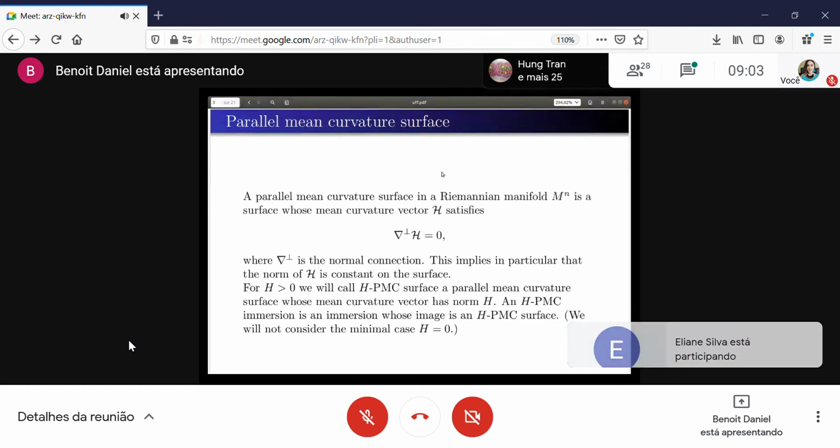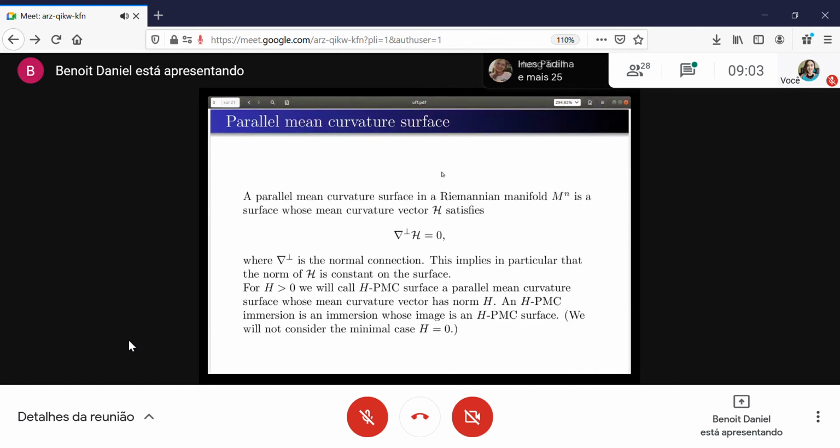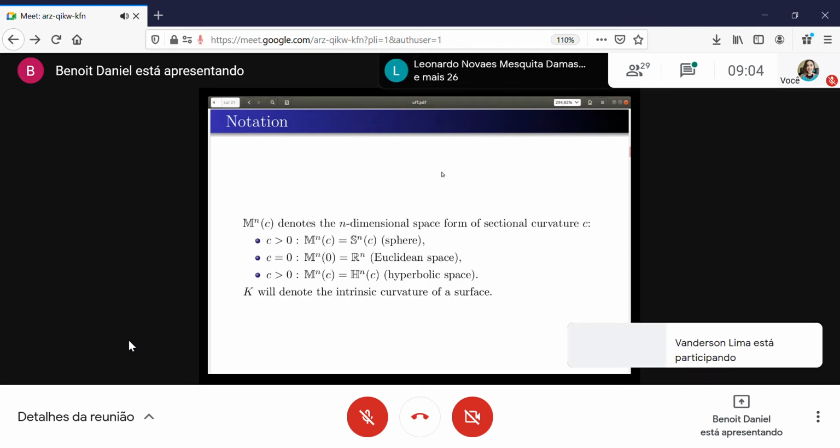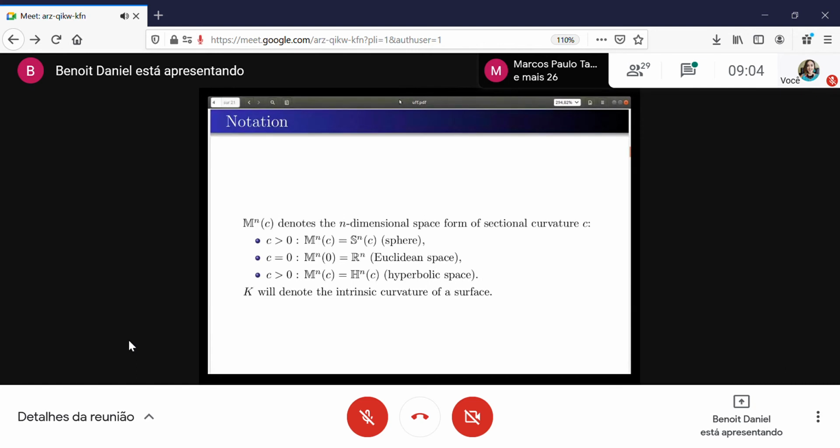So one of the goals of this talk will be a classification of certain surfaces, but also an interesting point in this classification is that it will produce new examples. So let me first give you some notation and recall a few facts.